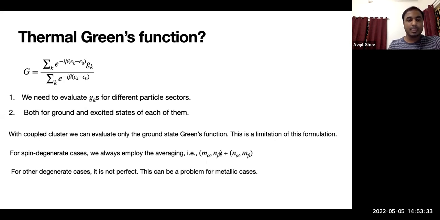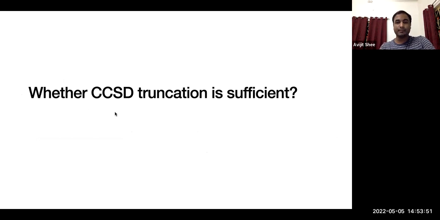In practice, one can take many nearly degenerate particle sectors, so this averaging is possible, but it is certainly not perfect, and this can pose a problem for metallic cases. In the next few slides, I will discuss whether CCSD truncation is sufficient.